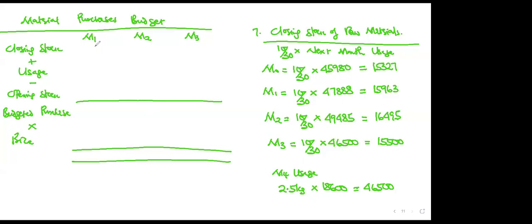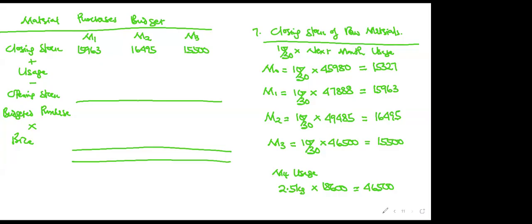So closing stock of month one is 15,963. Closing stock of month two is 16,495, and month three is 15,500. Then plus the usage.